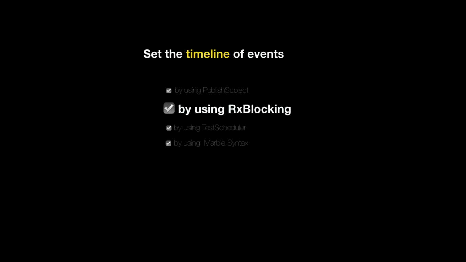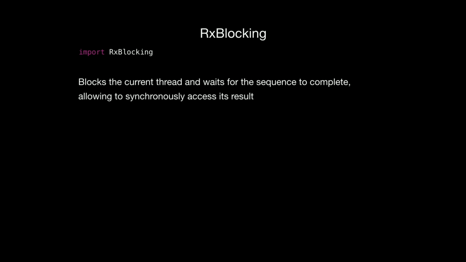So let's try to write the same test by using RxBlocking. RxBlocking is another framework that is provided by RxSwift and thus requires a different import. What RxBlocking does is basically block the current thread and wait for the sequence to complete. Once an observable is converted, we can access the results of the events of an observable in a synchronous way.